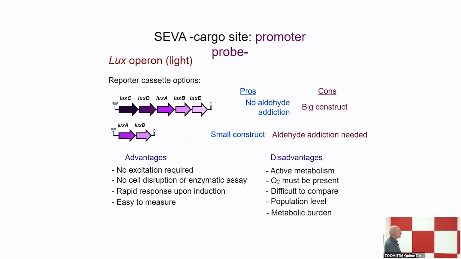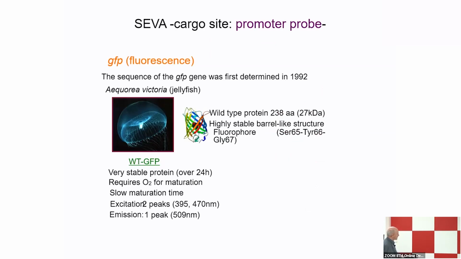There are some disadvantages because the reaction for production of light is subject to some physiological controls, but in general, it's so nice to see bacteria emitting light that it is great. And I'm not surprised that in many cases people use this reporter because of the nice signal that you get under given circumstances.